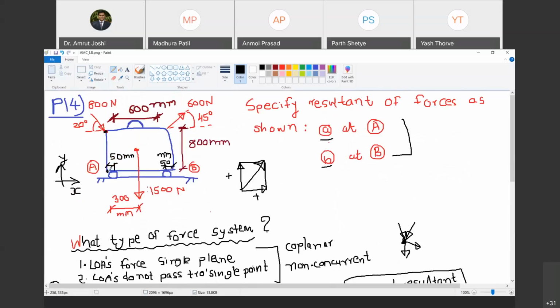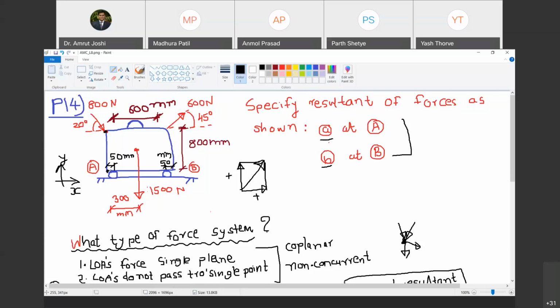Let us say if this force system would have been coplanar in yz plane, then moment would be about which axis? X-axis. Correct. So the forces can produce moment only about the axis perpendicular to the plane in which they lie. Are you with me?